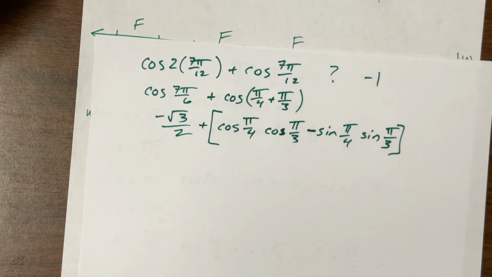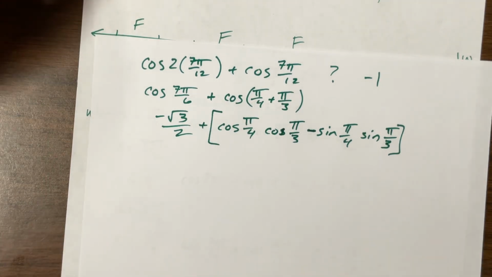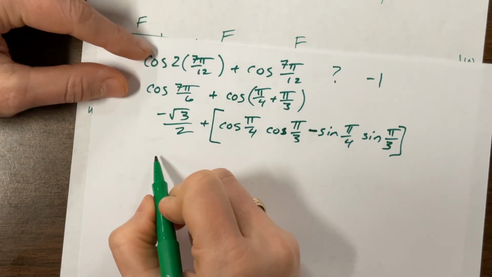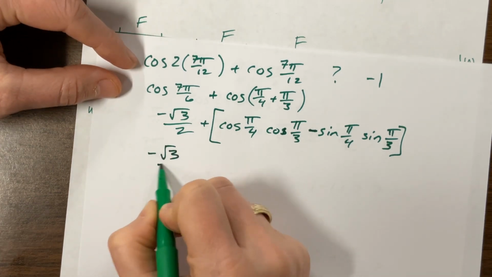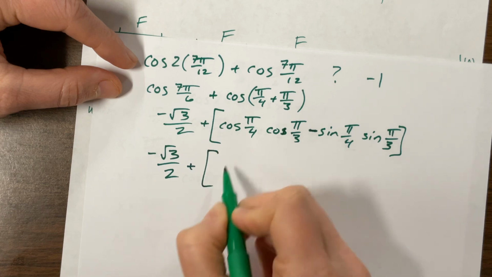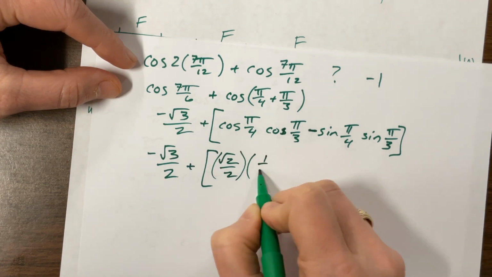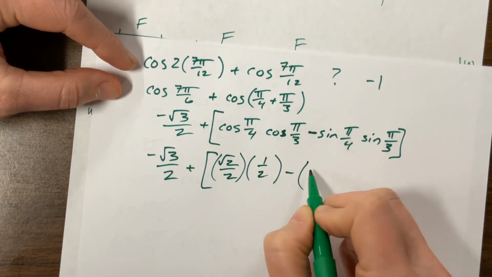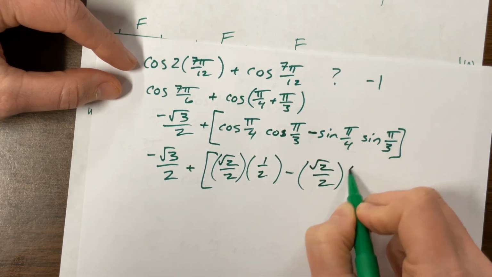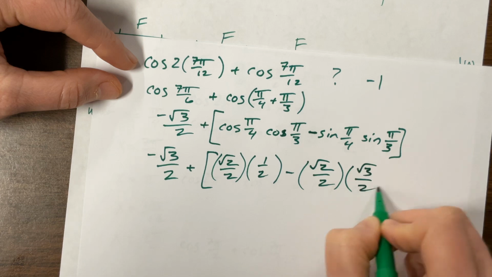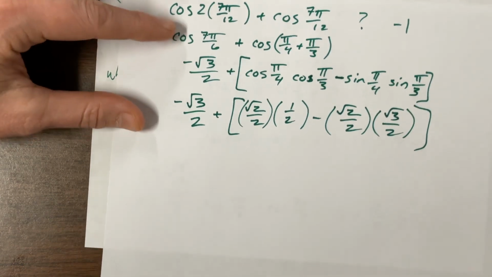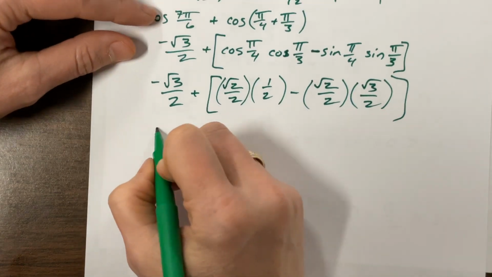So I have this -√3 over 2 plus cosine of pi over 4, which is √2 over 2, times cosine of pi over 3, which is 1/2, minus sine of pi over 4, which is √2 over 2, times sine of pi over 3, which is √3 over 2. Oh, goodness gracious. Here we go. This is fun. We like this so much.